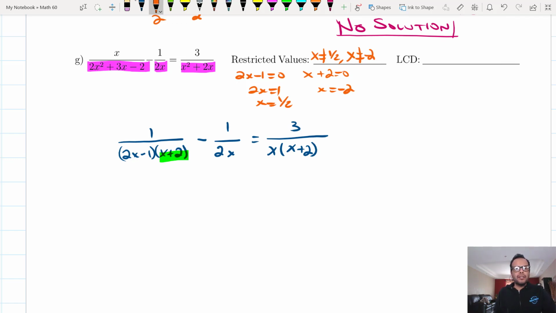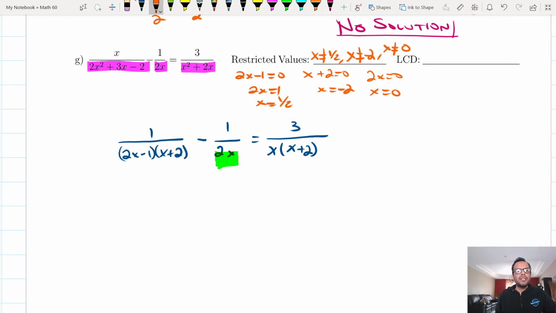And the third factor will come from the denominator of 2x right here, right? So 2x equals 0 means x equals 0. In other words, x cannot be 0. So in this case, we have 3 restricted values.